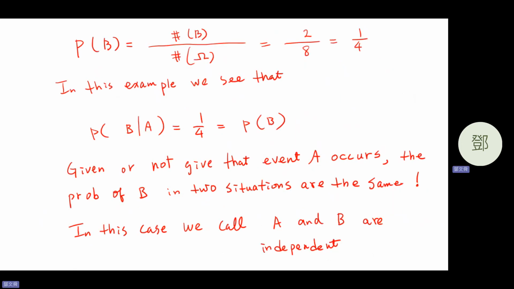And what is the probability of B, not given the event A occurs? Hey, the probability of B alone. What is the probability of B occurring by itself, not given that the event A occurred? This time you were not given the condition, so this time the sample space is omega.